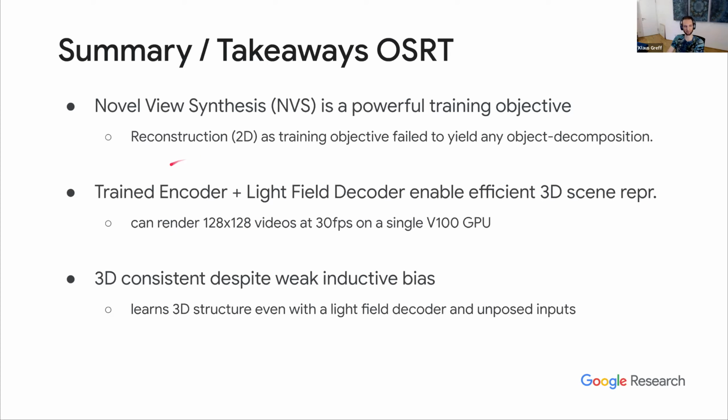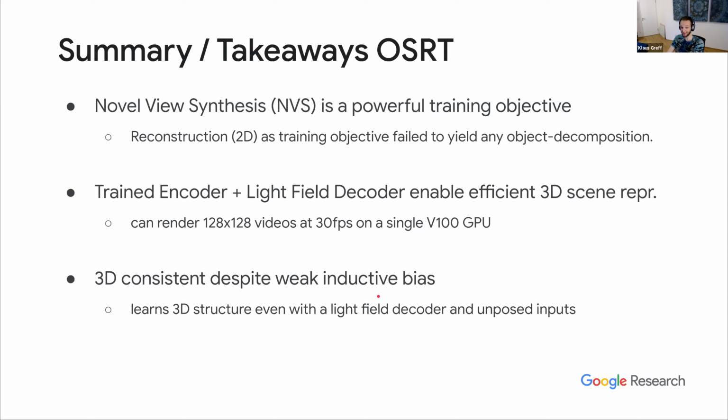object representation learning. I also wanted to highlight that a trained encoder, instead of optimizing for each scene, and a light field decoder can provide an efficient way to do 3D scene representation. And our model can, for example, render these 128 by 128 videos on a single GPU in real time.